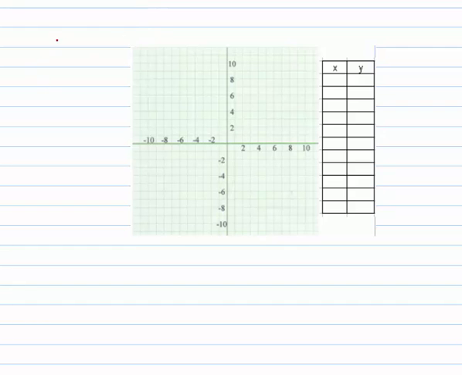So if we have the function f of x is equal to log base 2 of x, then we can put some values in for x. If x is equal to 2, then what do we have? Well, what's log base 2 of 2? Well, that's the same as 2 to the 1, so the exponent is 1, so we get 1.